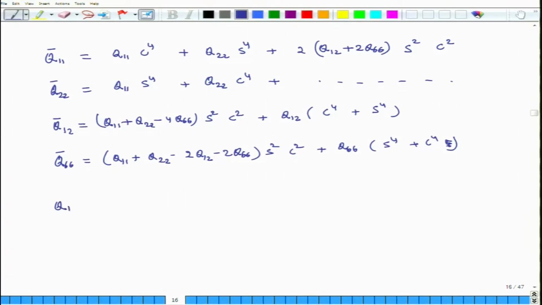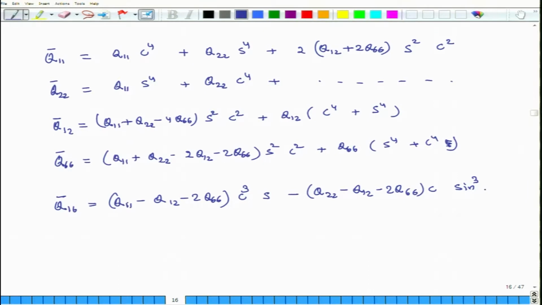Okay. Q16 bar equals (Q11 minus Q12 minus 2 Q66) times cosine cube theta times sine theta, minus (Q22 minus Q12 minus 2 Q66) times cosine theta times sine cube theta, and Q26 bar equals the same thing, but just the other way around.